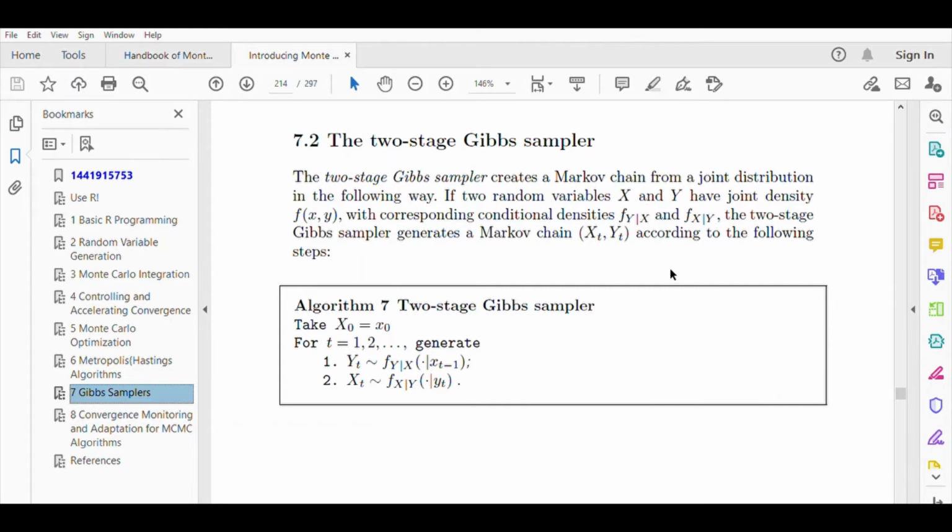So suppose we take some starting value for one of the random variables, say x naught. Then what can be done is generate the other random variable from the conditional density of y given x naught, right? Because the conditional density is given, so generate a random observation from this conditional density.